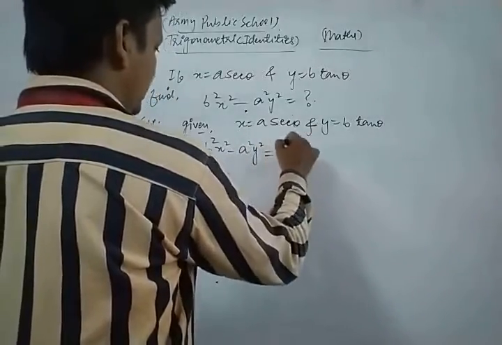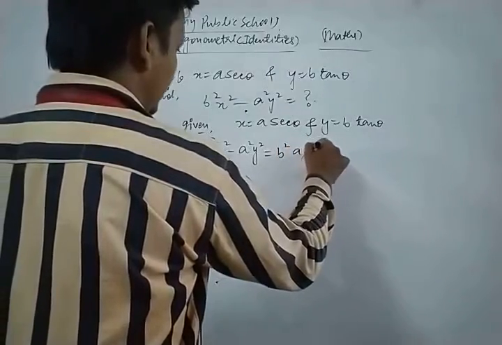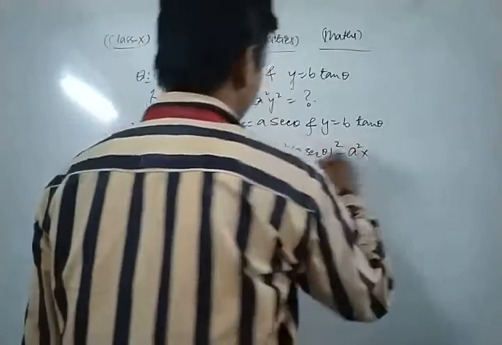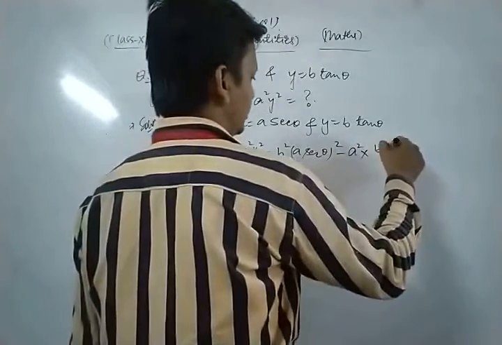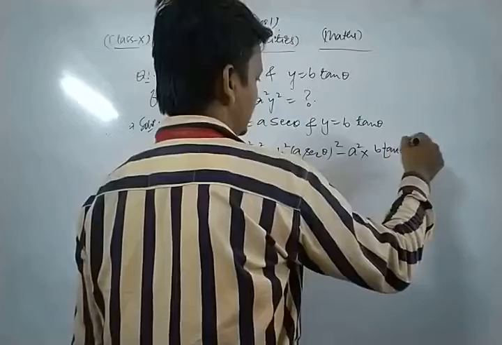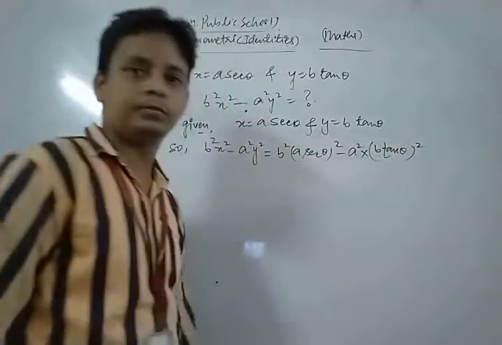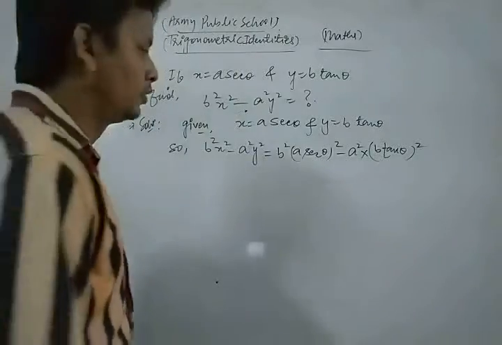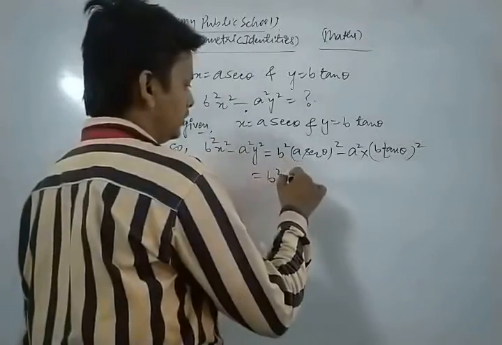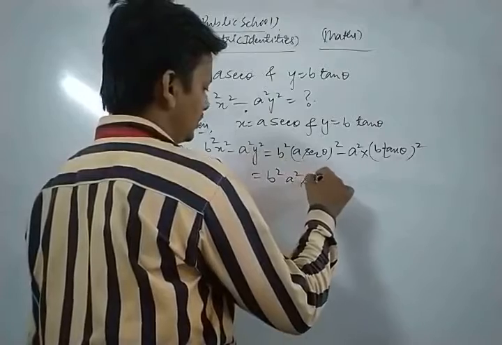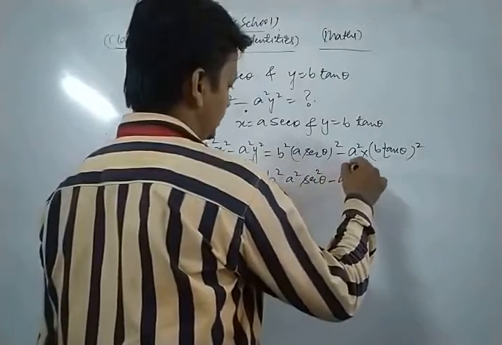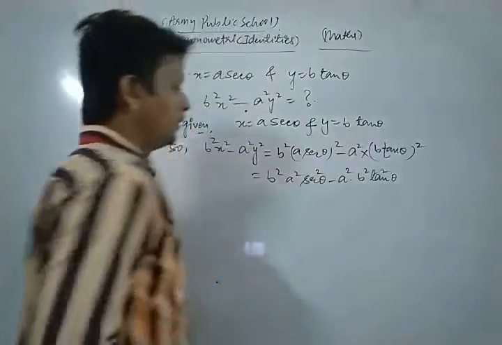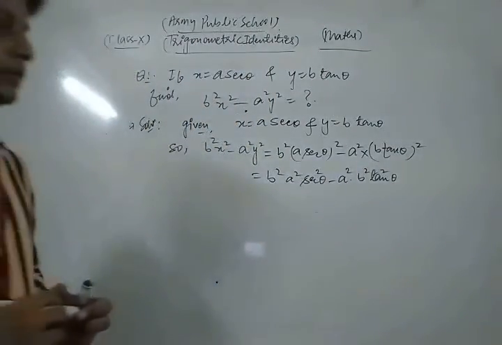So here this is b square, x value is what, a sec theta whole square, minus a square, as it is. We put the value of y as b tan theta whole square. Okay, now we simplify them. So we get b square into a square sec square theta minus a square into b square tan square theta.